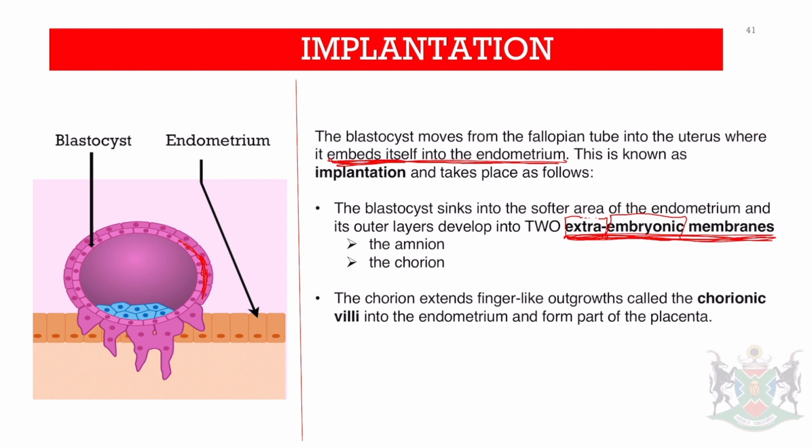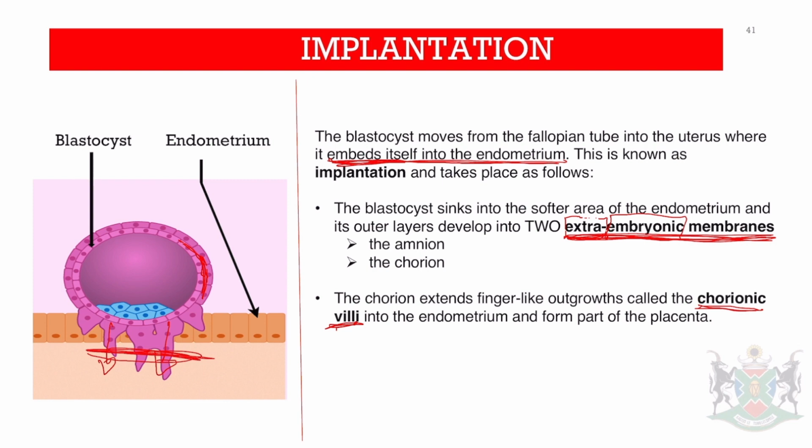The chorion extends finger-like outgrowths called the chorionic villi. One villus, many villi. So these chorionic villi are these structures that we see over there that embed themselves in the thick endometrium. So the chorion extends finger-like outgrowths called chorionic villi into the endometrium to form the placenta.